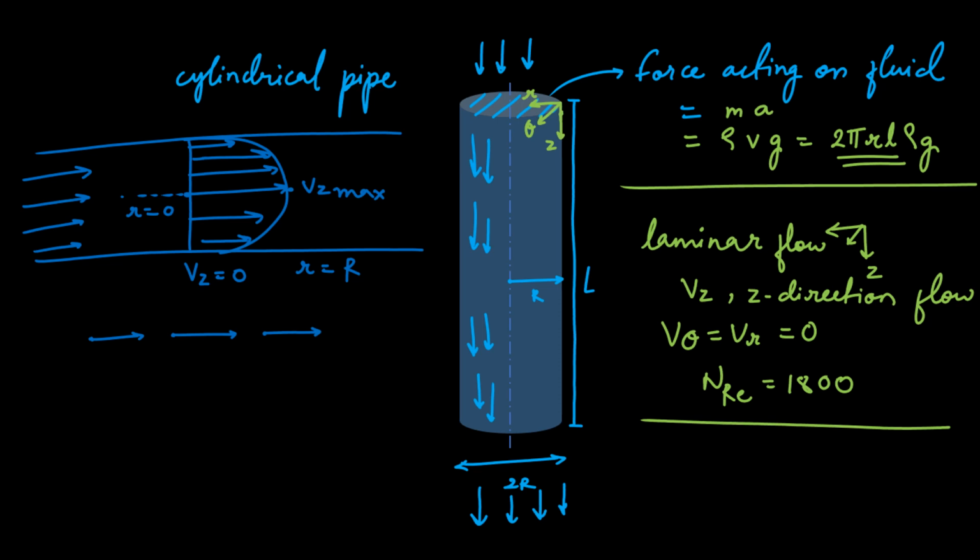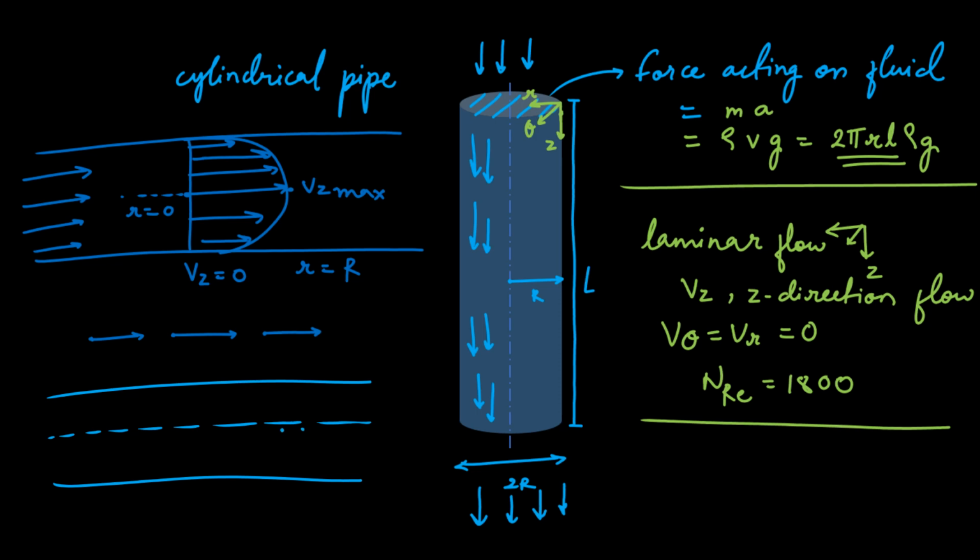So for the velocity distribution in the flow, here at the center it will be like this at some distance. So it will be moving faster, and the shear stress acting on it will be less. While at the boundary, shear stress is maximum.